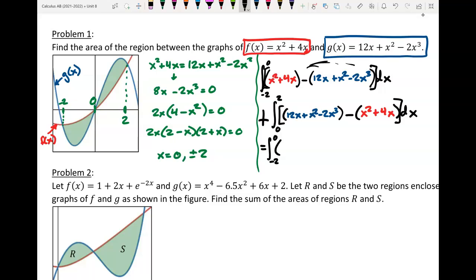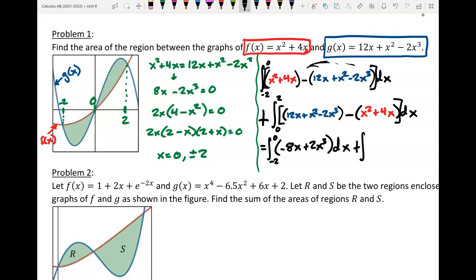And 4x minus 12x would be -8x. And then that would become plus 2x cubed. That's a lot less that you would have to do inside your integral now, right? So you can simplify. If you're asked to do this by hand, try simplifying things before actually doing the antiderivative, okay? As then you would have less work.